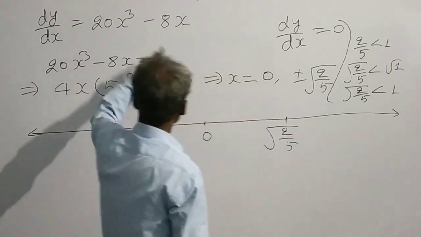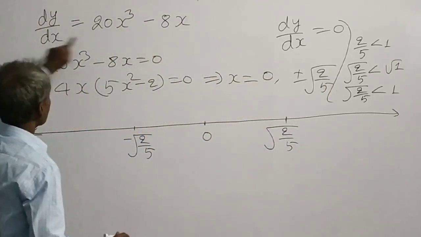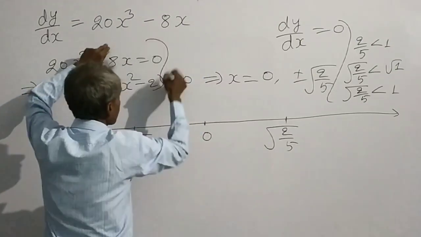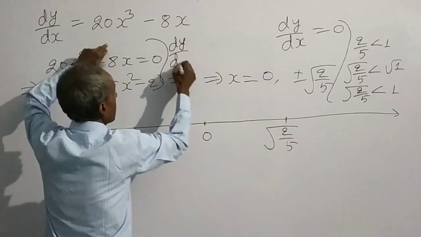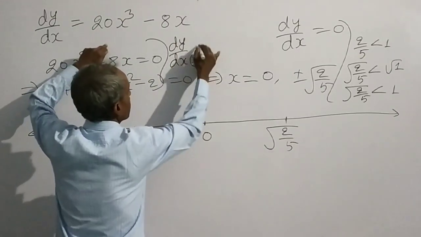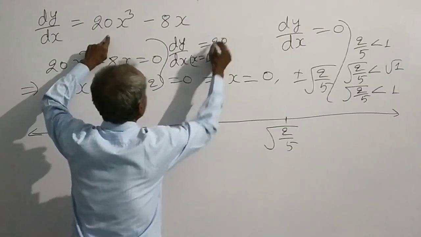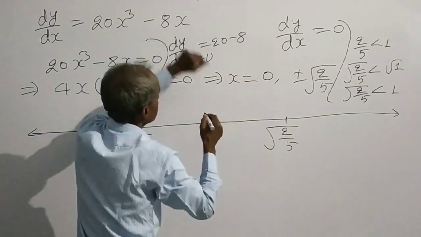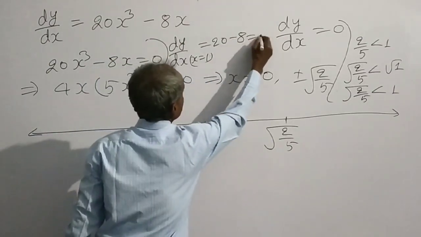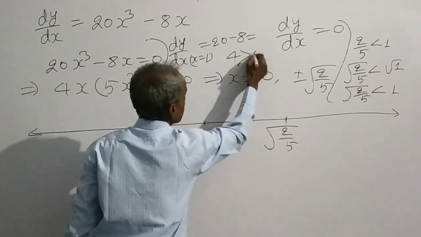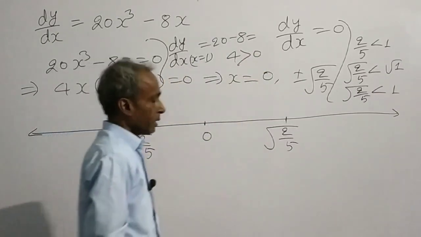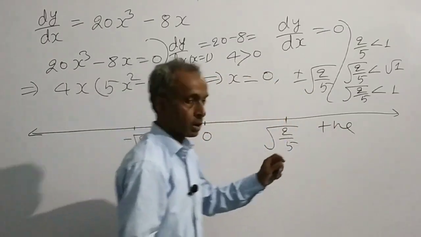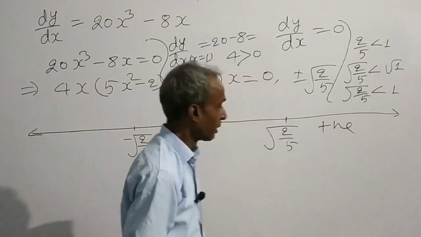When we put 1 in place of x in dy/dx, we get 20 times 1 cube, means 20, minus 8 times 1, means 8. 20 minus 8 is equal to 4, and 4 is positive. That means we get some positive number when we put a number lying in this interval.